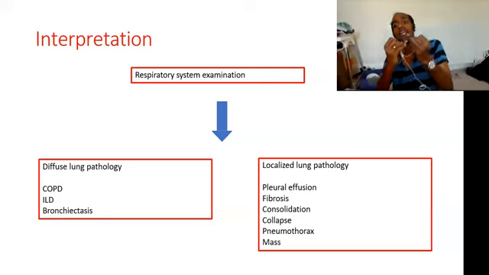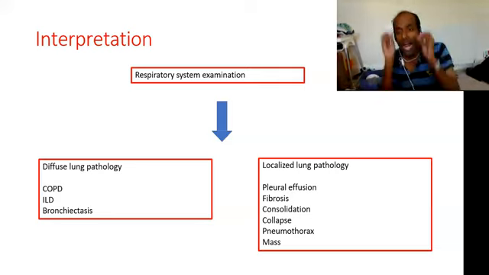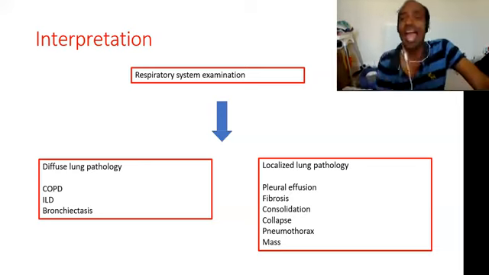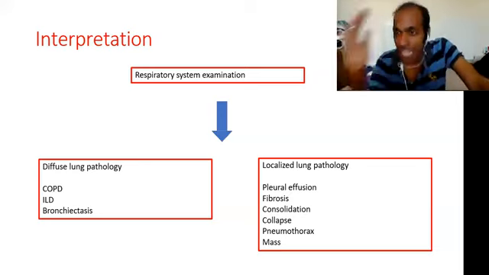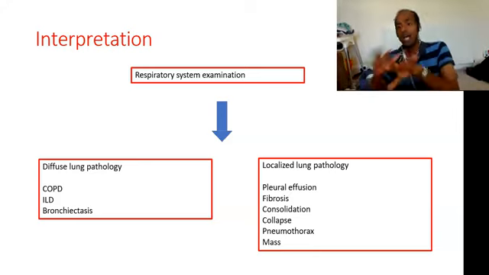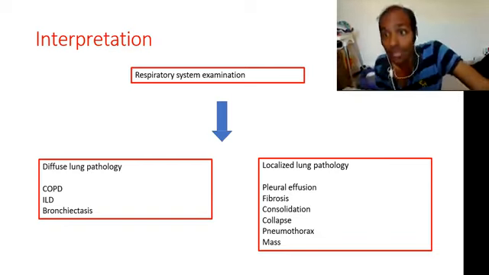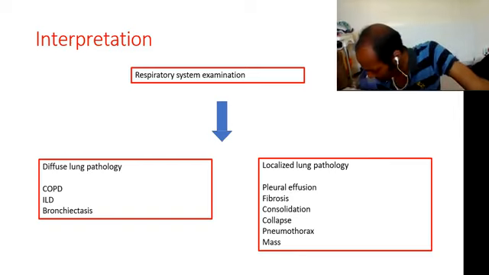So this patient will have features of these diseases when you examine them. So in ILD, clubbing and also signs or stigmata of connective tissue disease like systemic sclerosis, SLE, rheumatoid hands, then you are quite sure that this could be interstitial lung disease.